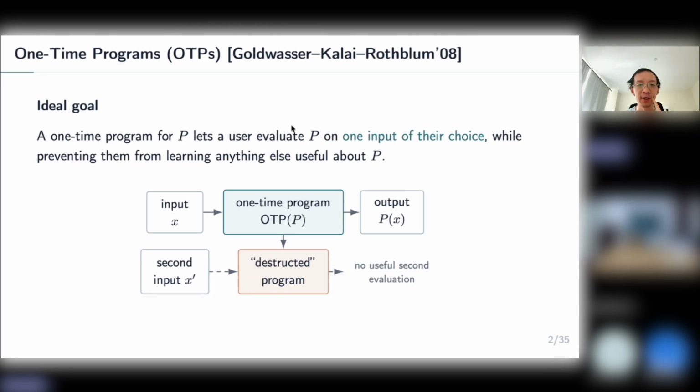It allows you to choose some input X, and it will give you the output of this function P of X one time, and then it is supposed to self-destruct. And when you want to evaluate on a second input X prime, you will not get anything useful out of it. That's the idea.